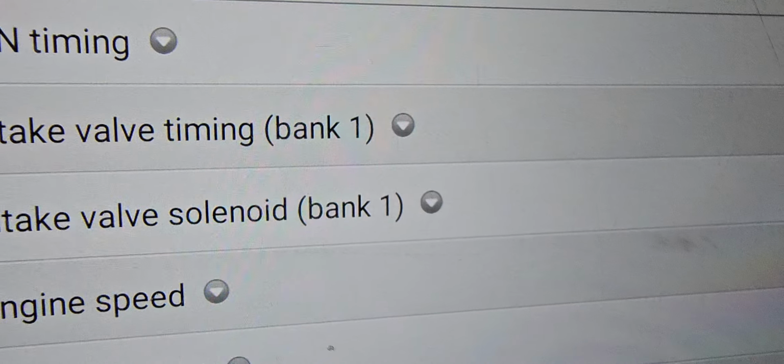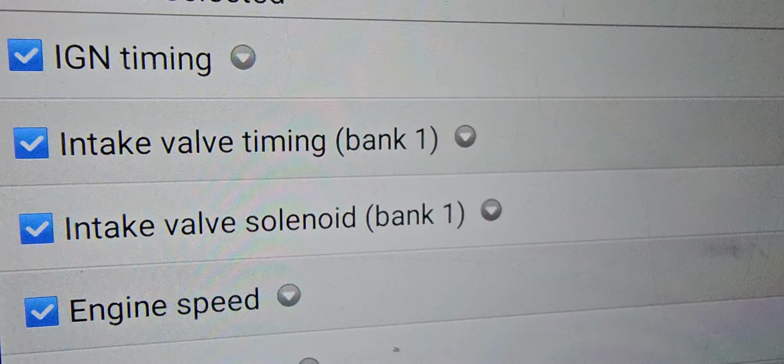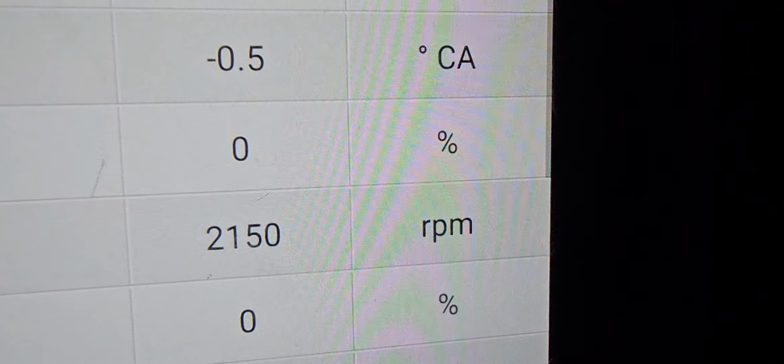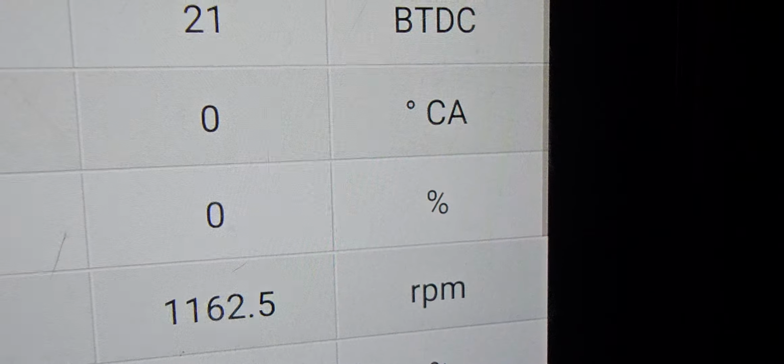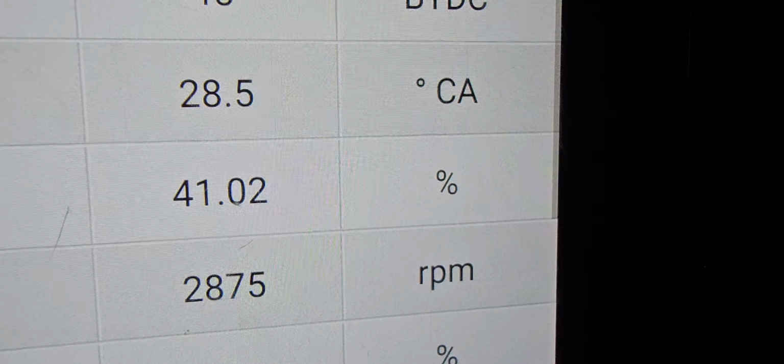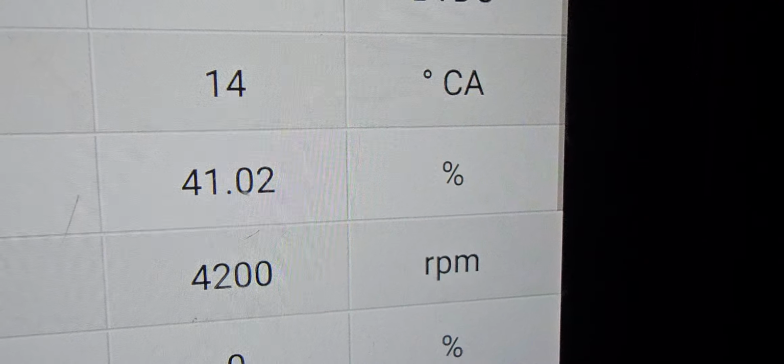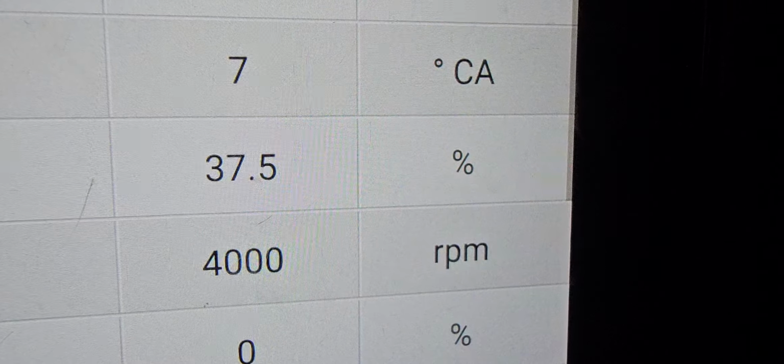Please check it out. Intake valve solenoid command. Nothing there, but as soon as you go up in RPM, it will move.